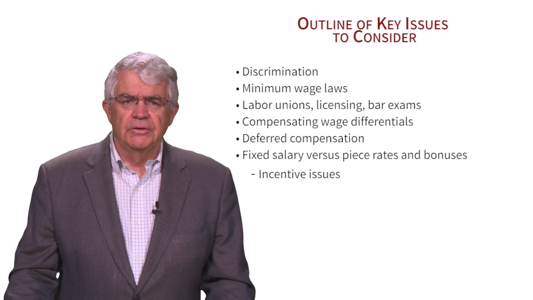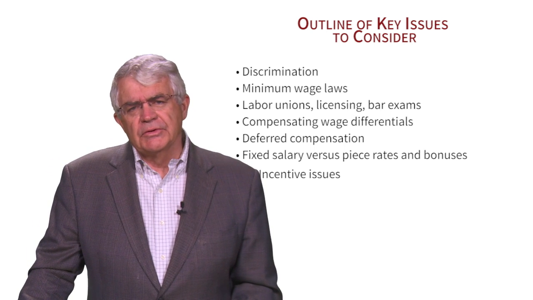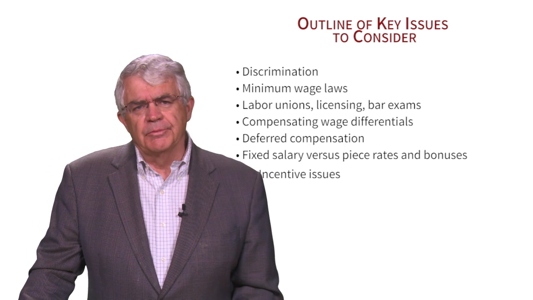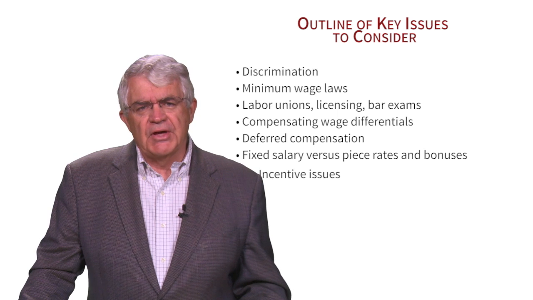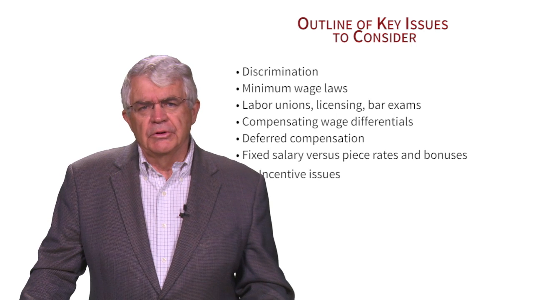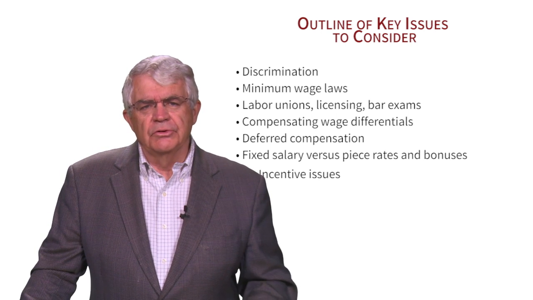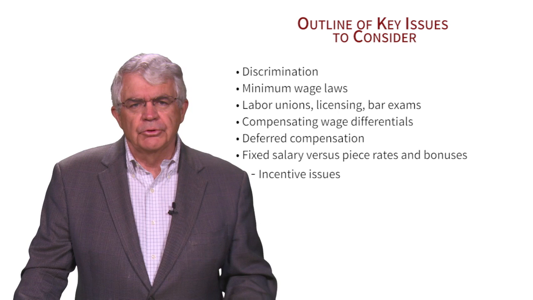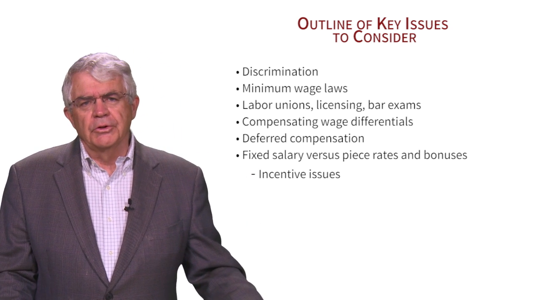And then finally, wages are paid in different ways in most market economies. Some people just get a fixed salary. Say a professor just gets a fixed salary for the year. In the period where classes are in session, they're working harder, doing more teaching than in periods when they're not in session.